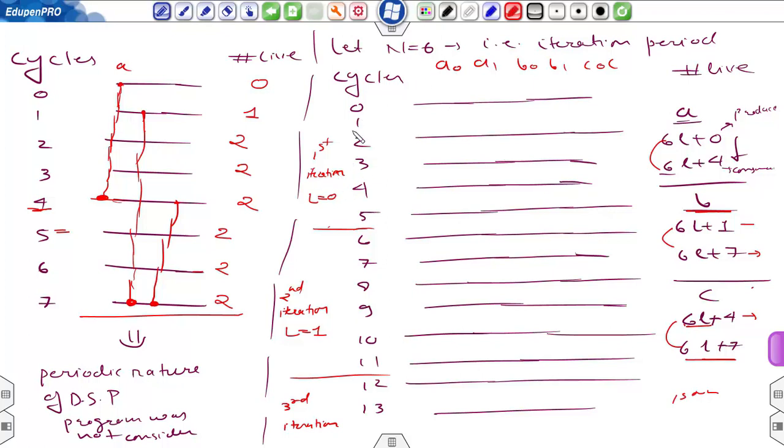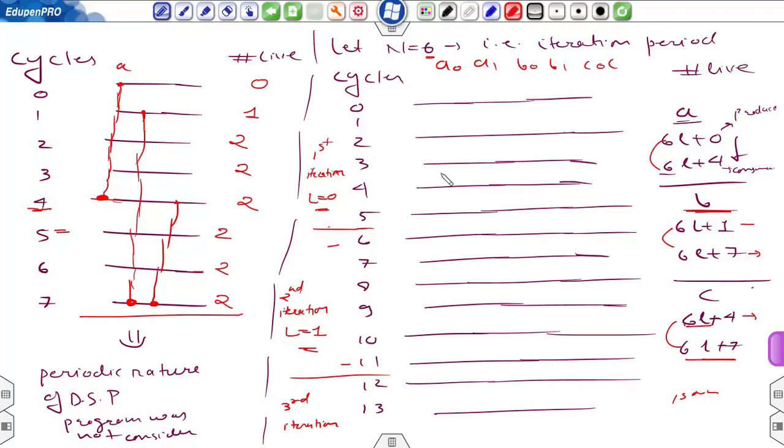So this is first iteration starting from cycle 0 to 5. Total number of cycles in iteration is 6. So L is 0 in this case. And this is second iteration starting from 6 to 11. L is 1. And you can consider 3, 4, 5, any number of iterations.